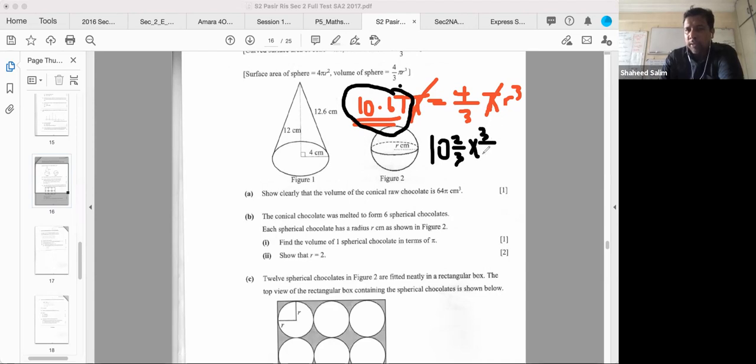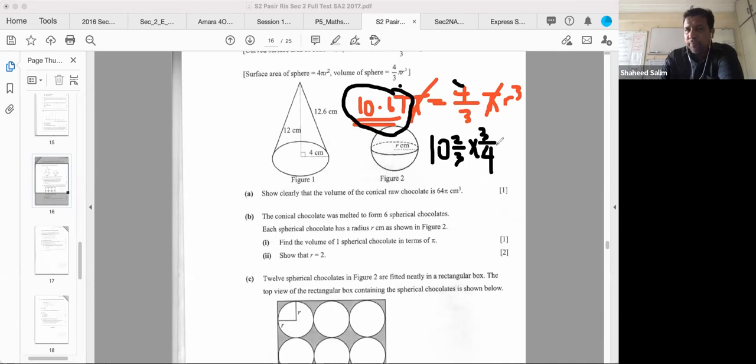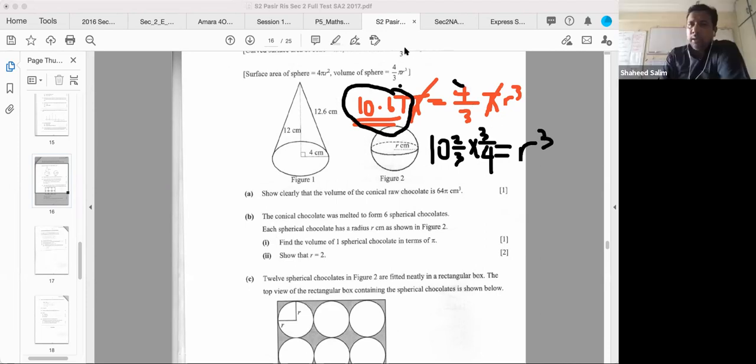Are you confused? You bring this over, from times becomes divide. Divide, you know, it has to flip, right? So equals to r cube. Are you confused, this one? A bit. Okay, so never mind. We will rewind here, down here. You want to get rid of 4/3, you times 3/4. You agree?